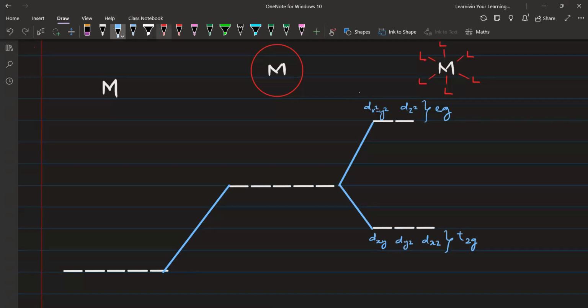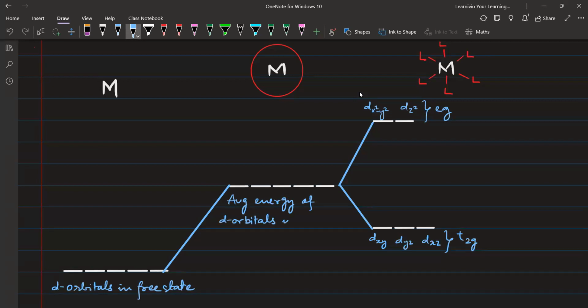Now, the energy level which was initially, अच्छा इसमें हम और भी चीजें कुछ चीज देते हैं. For example, this particular part is the d orbital in free state when there are no ligands. This is the average energy of d orbitals in spherical field.